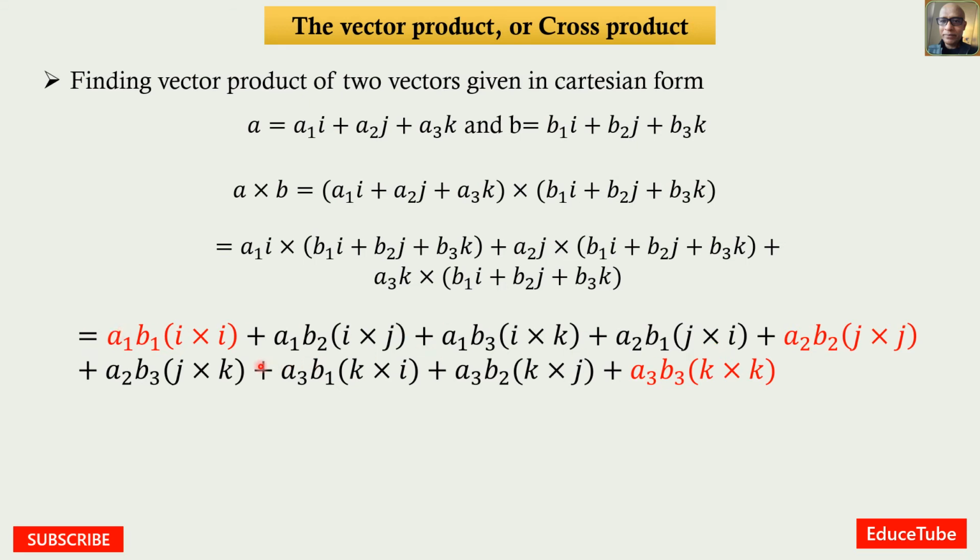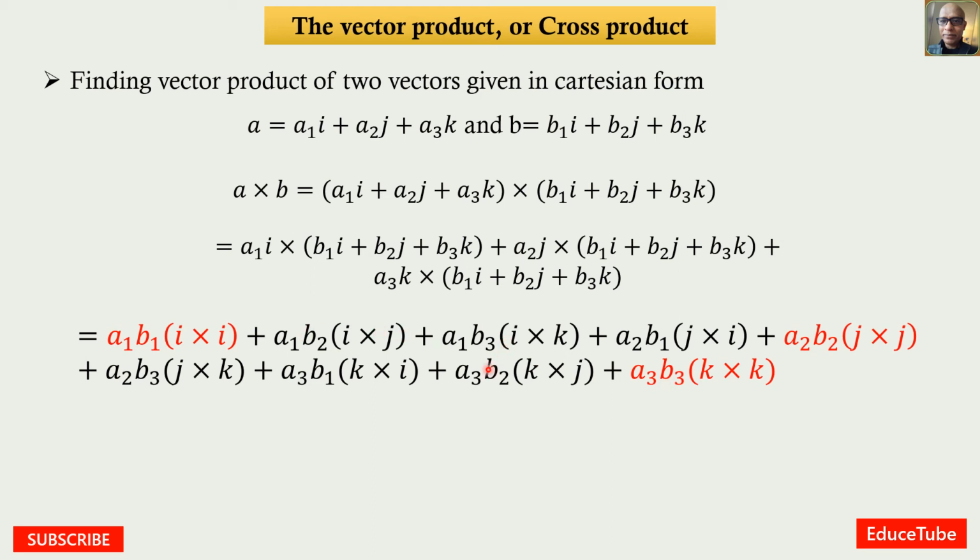Now here one thing we have to look at: i cross i will be 0, j cross j will be 0, k cross k will be 0.